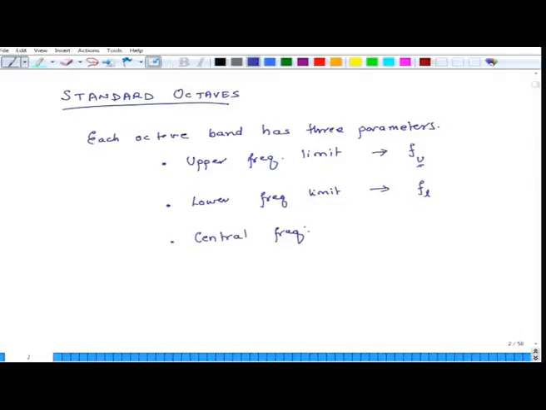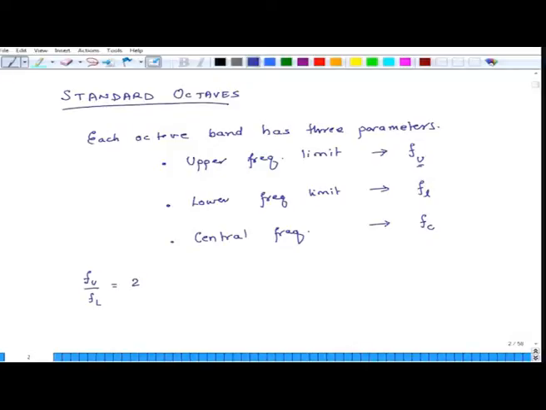There is a mathematical relation between all these 3 parameters. Fu divided by Fl is 2, as an octave should be.